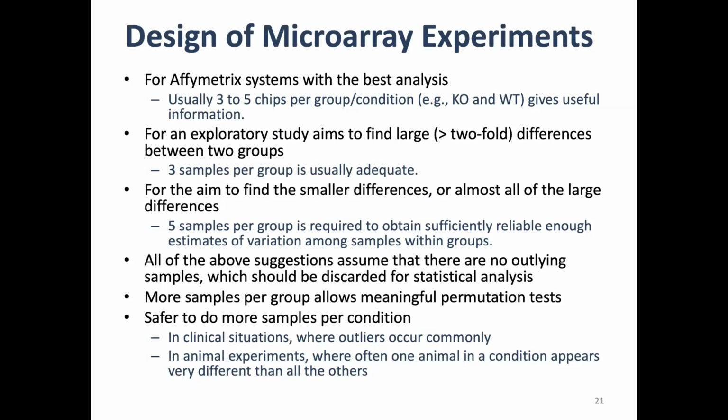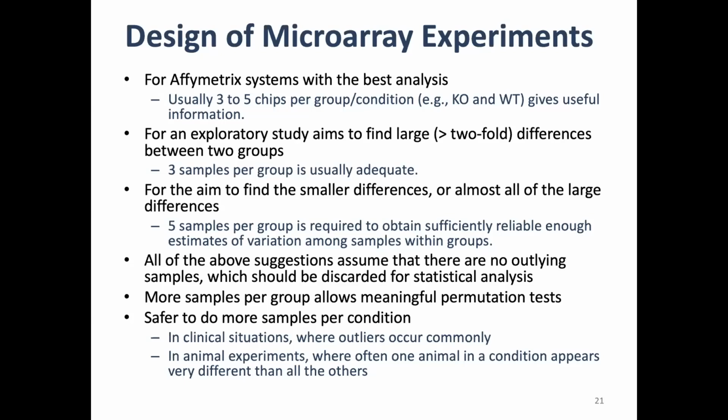But if you want to detect narrow fold differences, less than twofold, then definitely you have to go for a bigger sample size, more than five samples per group, to obtain sufficiently reliable estimates of variation among samples within the group.